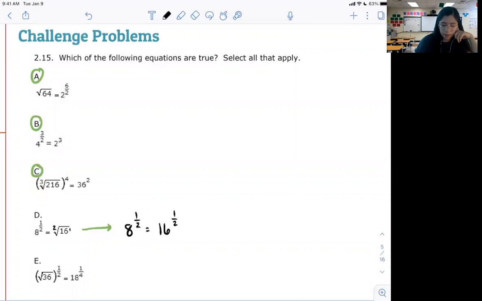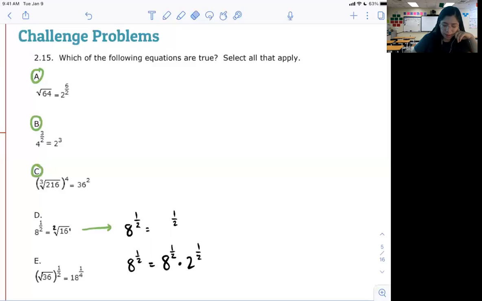So 8 times 2 is 16. But that would be 8 to the power of 1/2 times 2 to the power of 1/2. Does that match? No, you could do 2 to the power of 4.